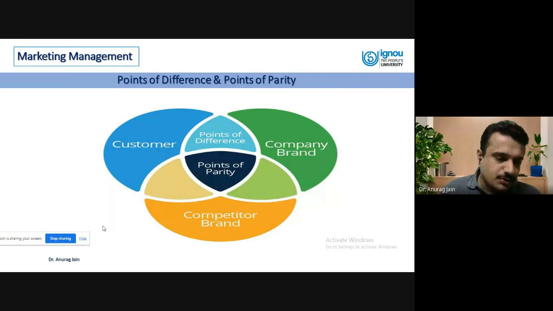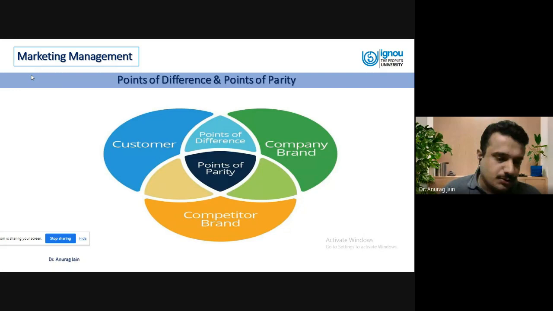So what is the idea here? Your brand should have points of difference, meaning why you are different from all other competitors available in the market. And points of parity mean the similarities between you and your competitors. And it is really important.